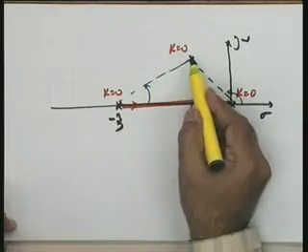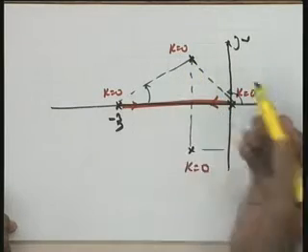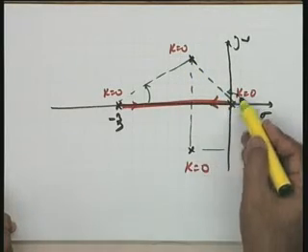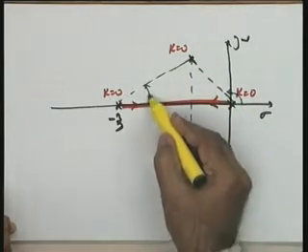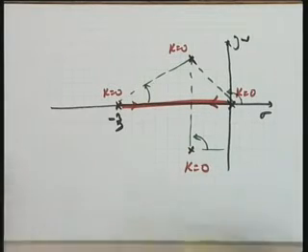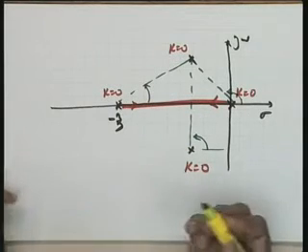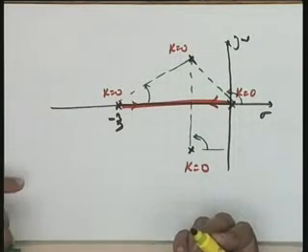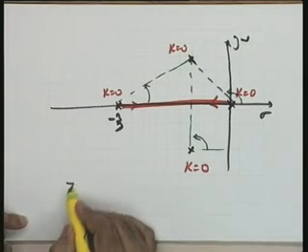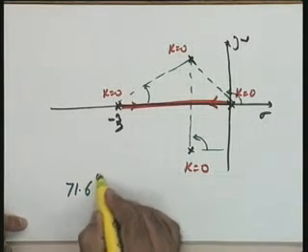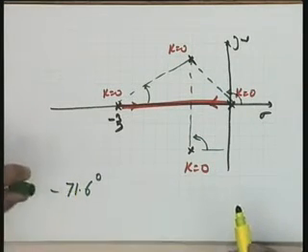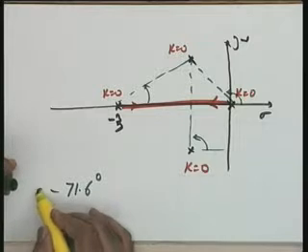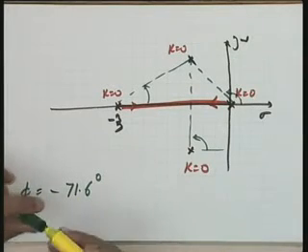So, the phi p angle is going to be plus minus 180 degrees, minus this angle, minus this angle, minus this angle. The result available with me, which may be wrong because after all it is a rough graphical calculation, you can check it, but I will give you the numerical value which I have got. It is minus 71.6 degrees is equal to phi p.